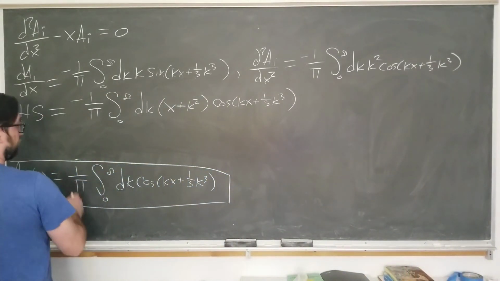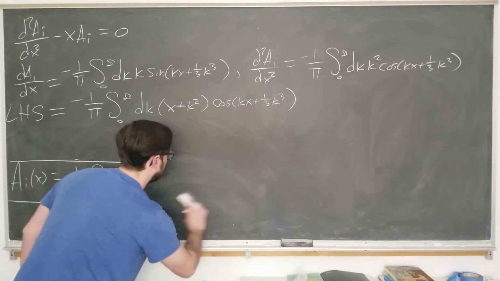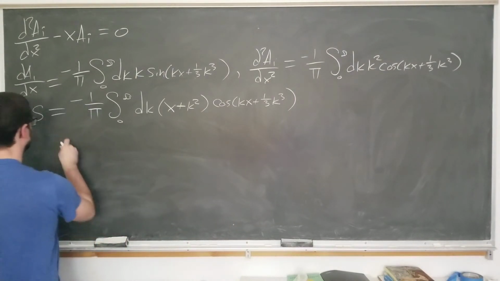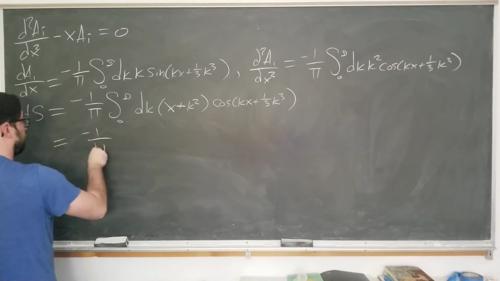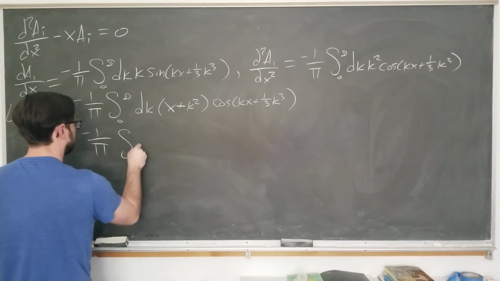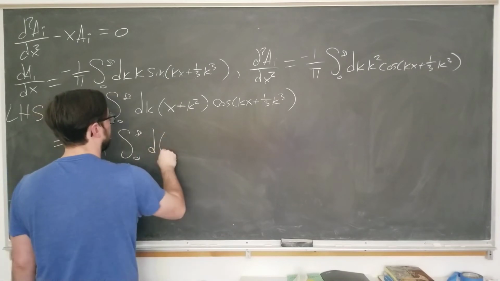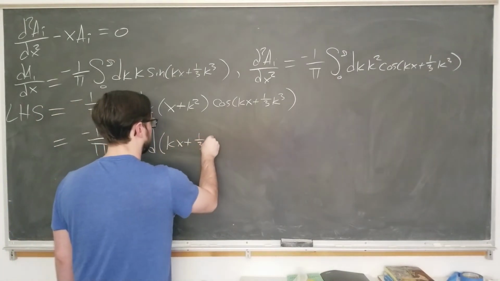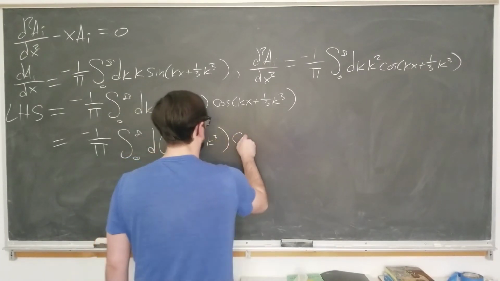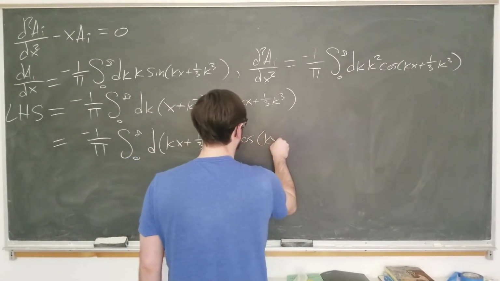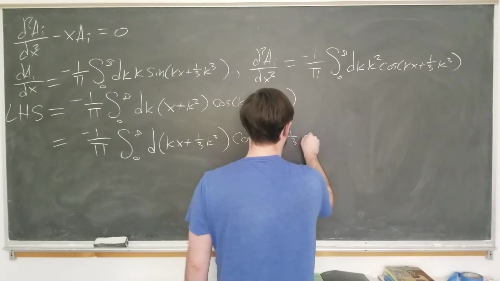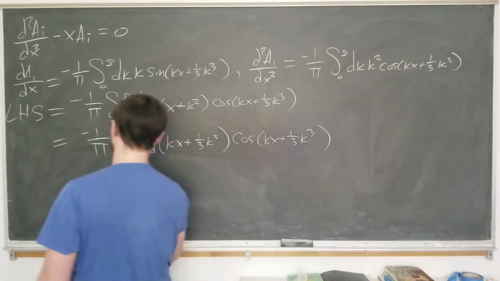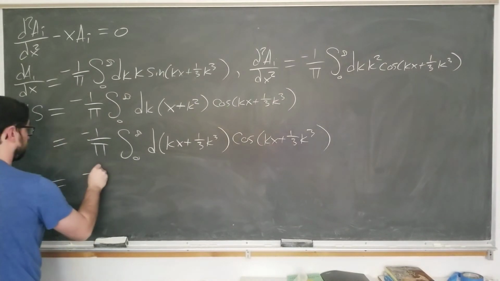This is just minus 1/pi, from 0 to infinity with respect to a new variable, kx plus 1/3 k cubed, times cosine of this variable, which just evaluates to sine of this variable, evaluated at the endpoints.